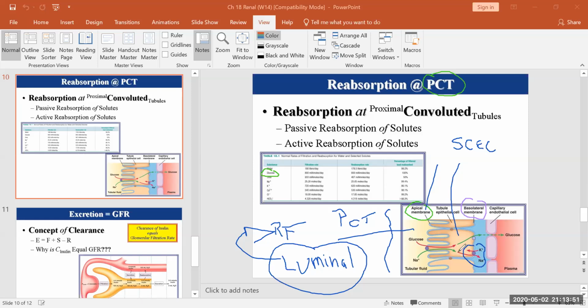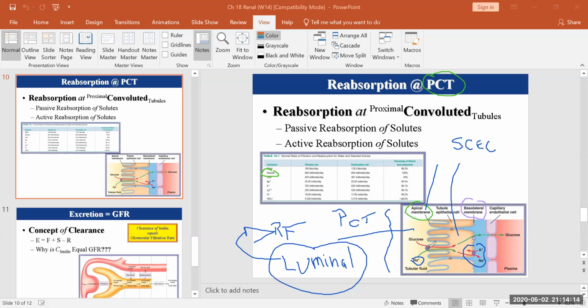So this sodium potassium ATPase consumes energy, ATP, to create that sodium concentration gradient. It's extruding, kicking sodium out. So on the intracellular side of the simple cuboidal epithelial cell, you have less sodium than on the luminal side, on the renal filtrate side. So sodium will go from high concentration into lower concentration through that symporter.